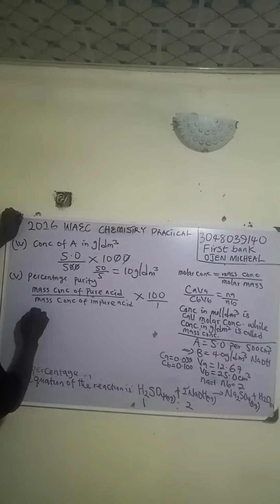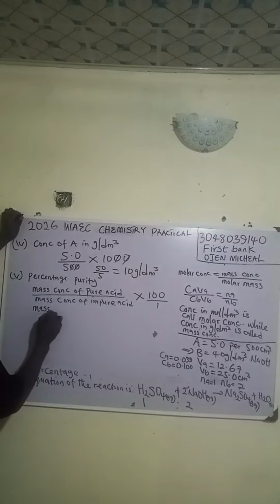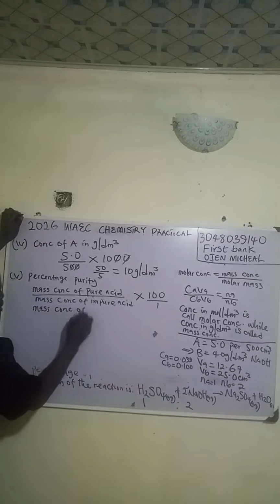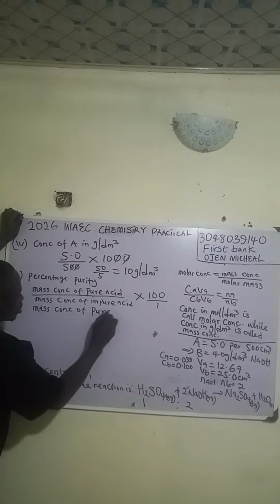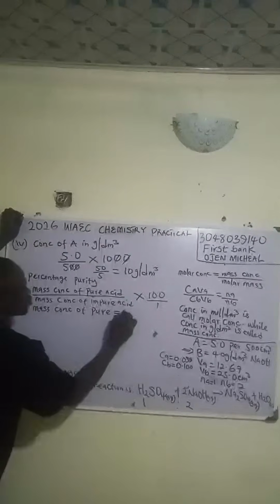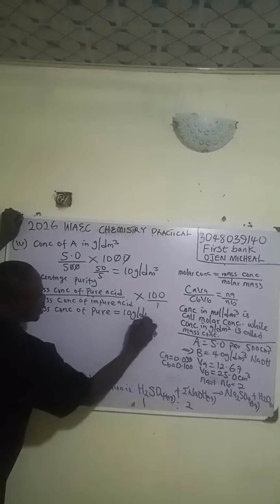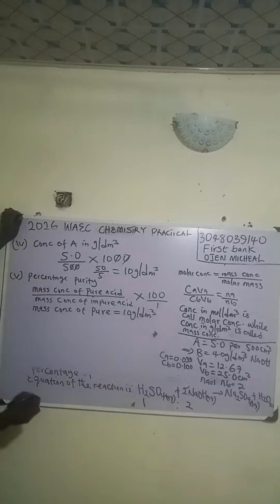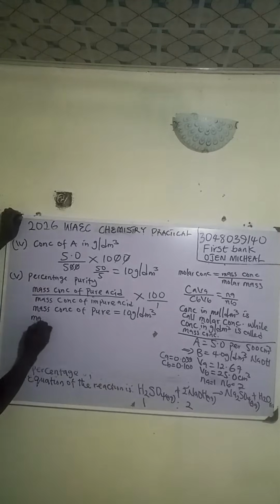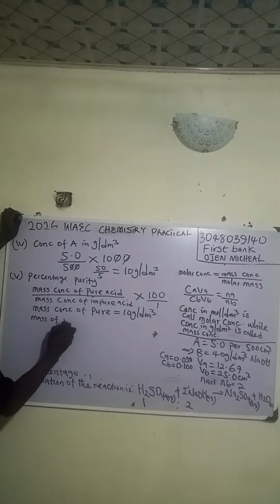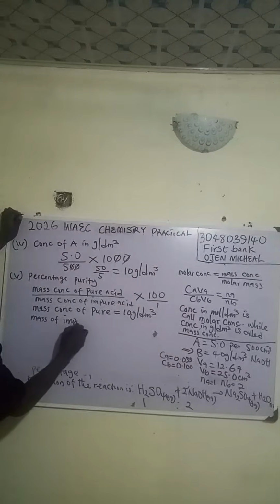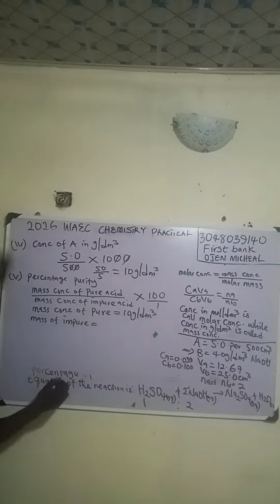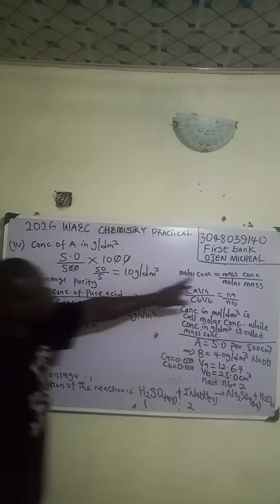So we say that mass concentration of pure is equal to 10 grams per dm cubed. Now, mass concentration of impure is equal to, you are going to use this formula.